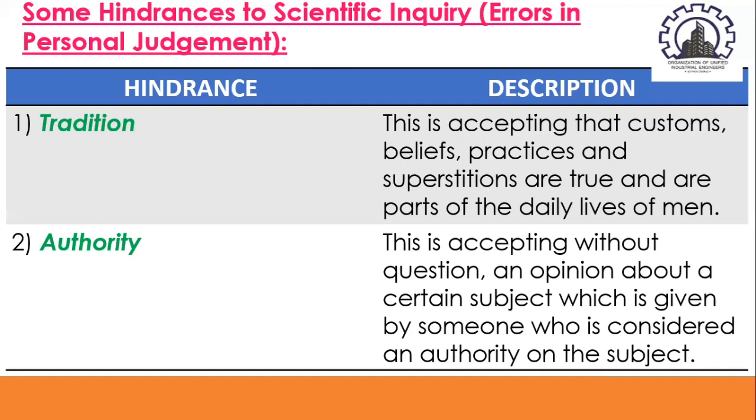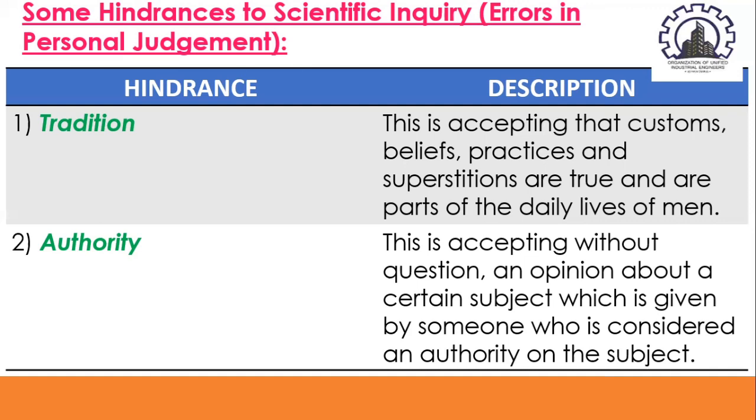Now, in order for us to better understand this, let me give you a specific example. For instance, there is a traditional belief among some women that women who are conceiving should avoid eating dark or black food, such as blackberries, because their children will become dark as well.